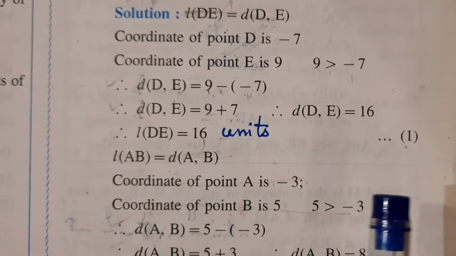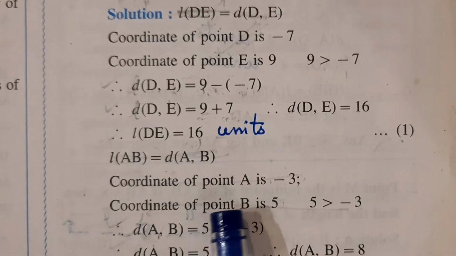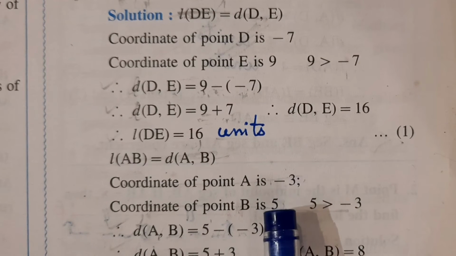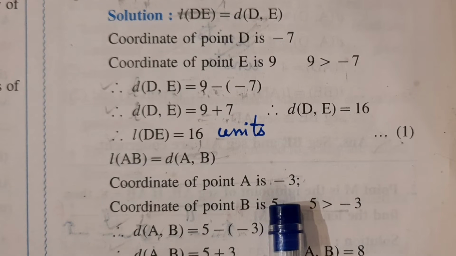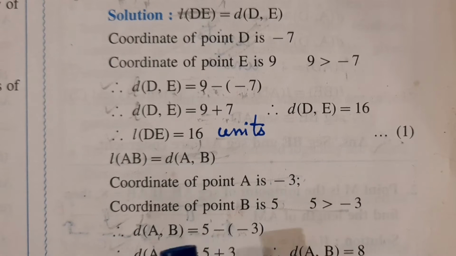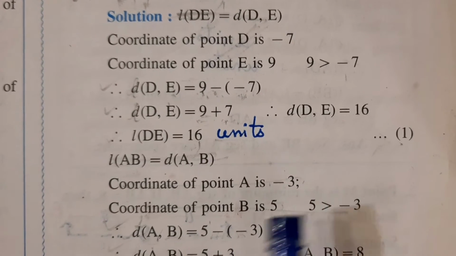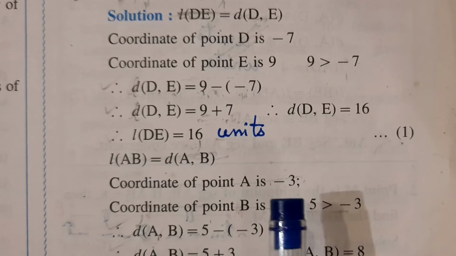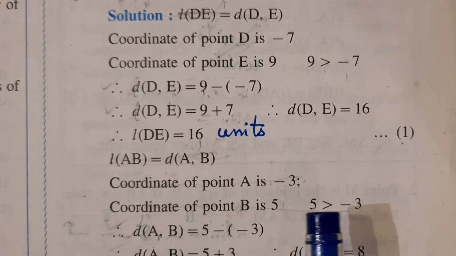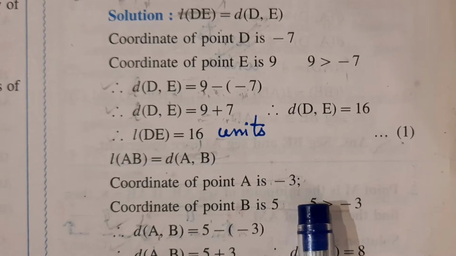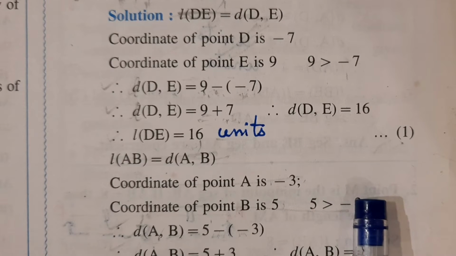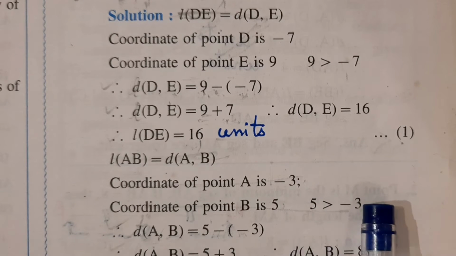Let us see now out of these two coordinates which is the greater coordinate. 5 will come on the right hand side of -3 on the number line. Imagine the number line, 5 comes on the right hand side, -3 on the left hand side. Therefore, the coordinate on the right is always greater than the coordinate which is on the left. So 5 is greater than -3.